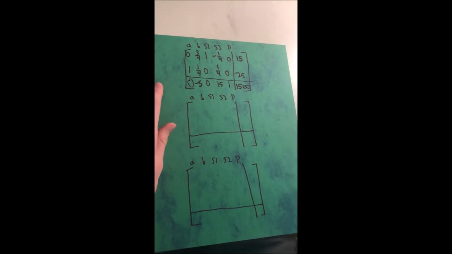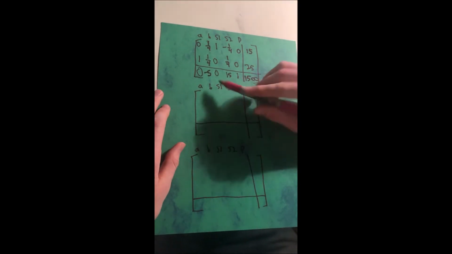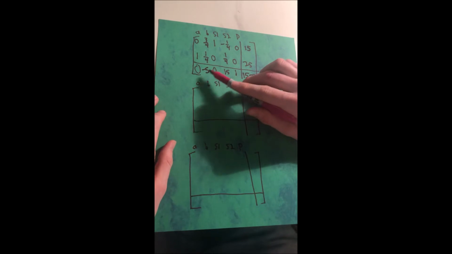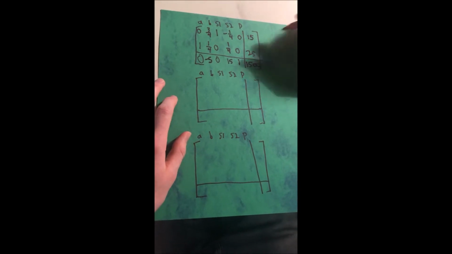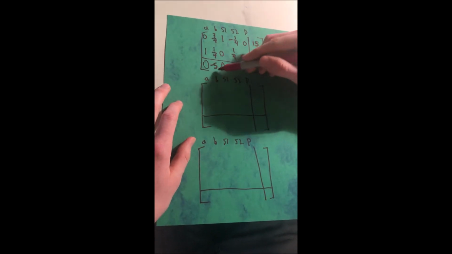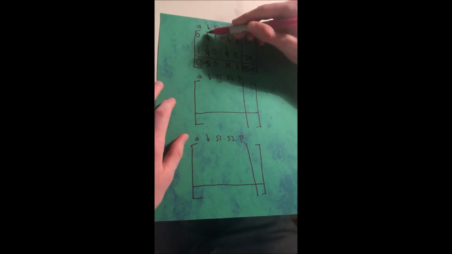Alright, so we got that first part out of the way, but we still have this negative number down here, so we're going to have to do the process over again and find our new pivot number. Since the negative is in this column, our pivot number is going to be one of these two numbers. So we're going to do 15 divided by 3/4, and 25 divided by 1/4.